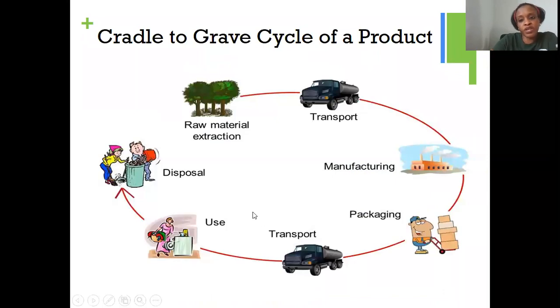This is another cradle to grave cycle diagram that again starts with raw material extraction, but also includes transportation, then manufacturing, also highlights packaging, which is very key, and carries on with transportation to the use stage and then the disposal.